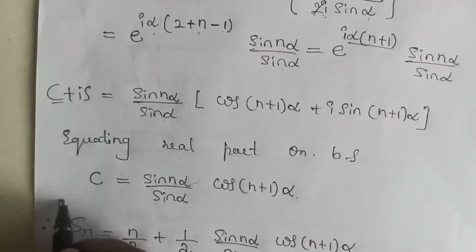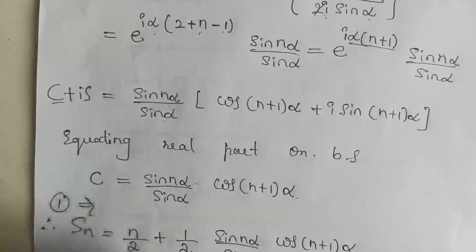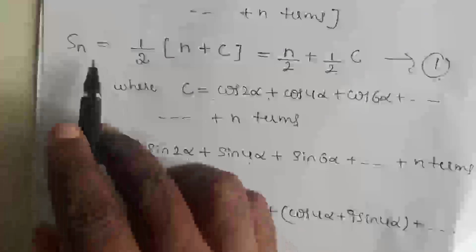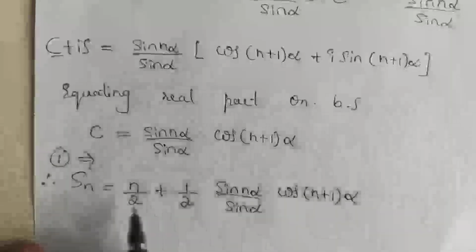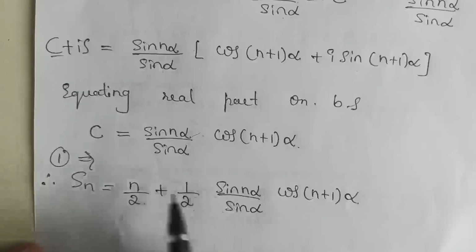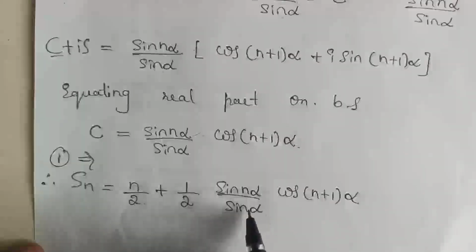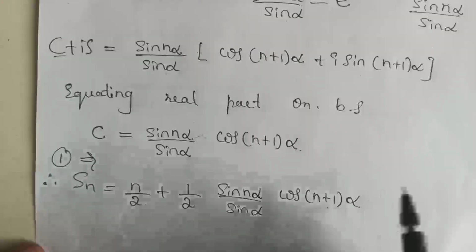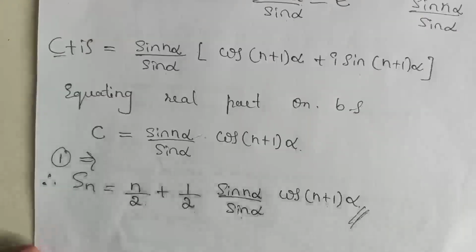Now equation 1 implies, so equation 1 is that we have Sn is equal to 1 by 2 n by 2 plus 1 by 2 C. On substituting the C value into this equation 1, we get Sn is equal to n by 2 plus 1 by 2 as it is. The C value is sin nα divided by sin α into cos of (n plus 1)α. So this will be your final answer.